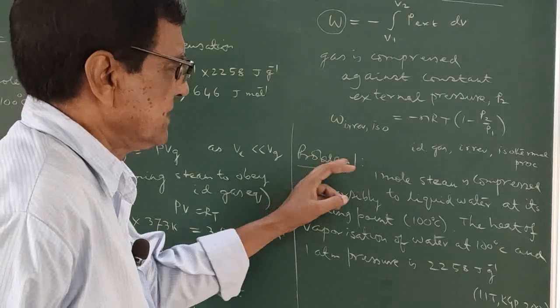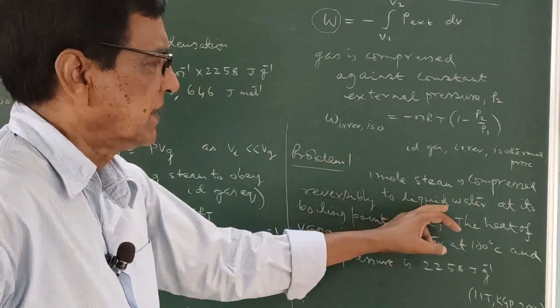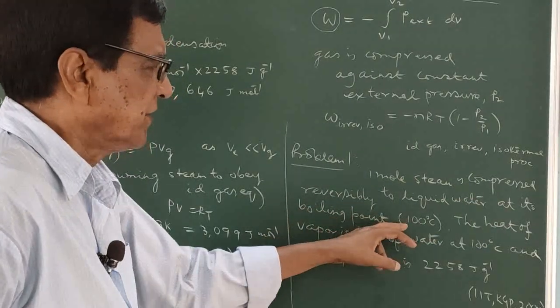The problem is: 1 mole steam is compressed reversibly to liquid water at its boiling point, 100 degrees centigrade.